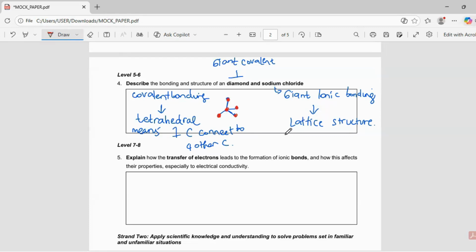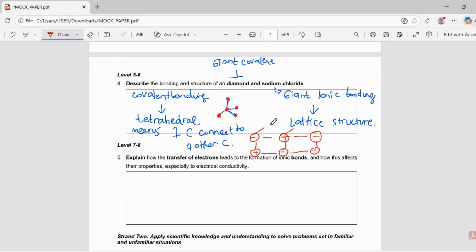While in lattice, the structure will be positive surrounded by negative, and it is alternating. It will look like this. This is the simplified diagram. For the detail, you can see the one that we have in management.